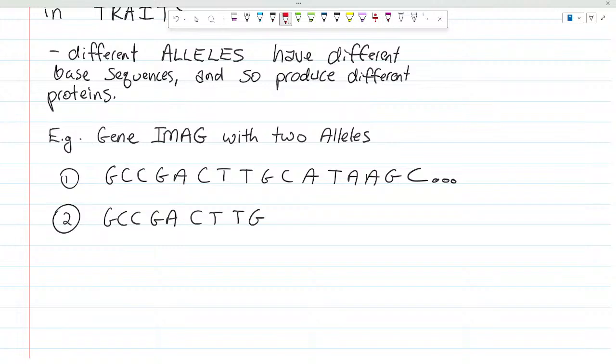And then here could be where the change is. GCGCATG. Does that make sense? So there could just be a section that is different between the two alleles. And that's what would give us the different trait. And sometimes the alleles are quite similar, and sometimes the alleles are quite different from each other. Does that make sense? So the different sequences result in different alleles.